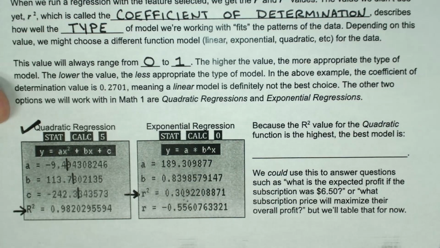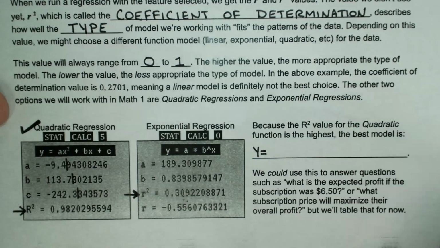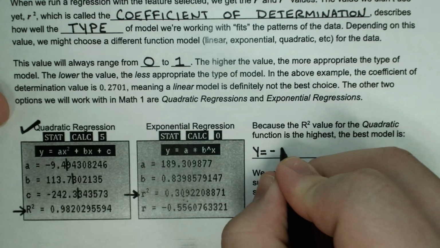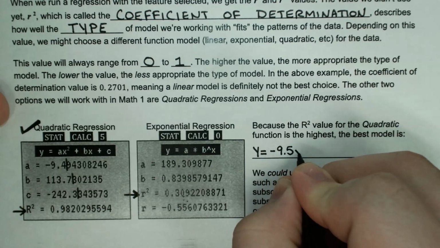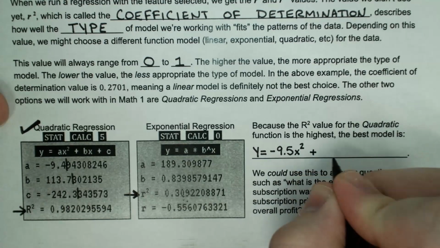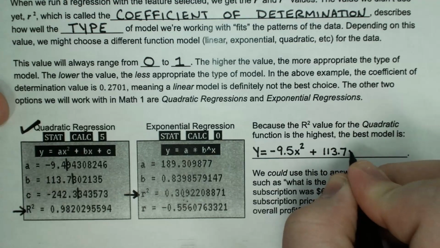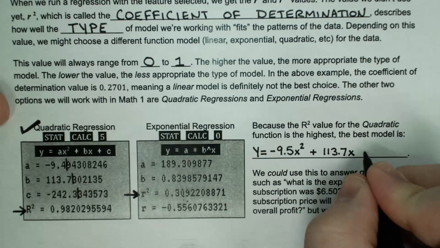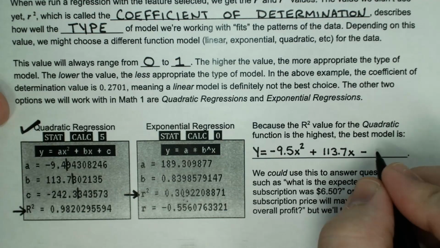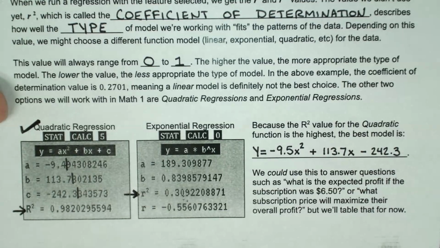So the model is y equals negative 9.5x squared plus 113.7x minus 242.3.